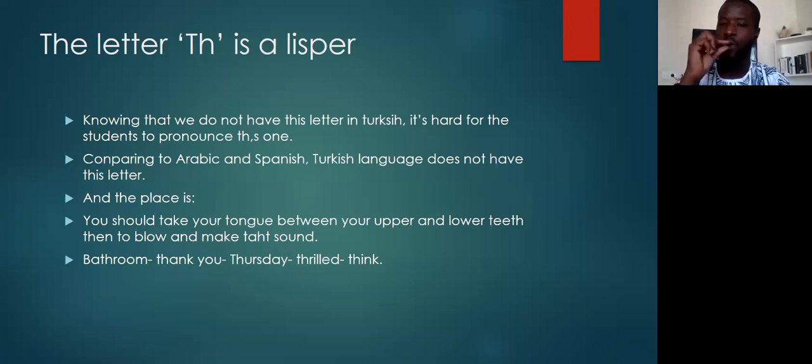You should take your tongue between the upper and the lower teeth. Here is the upper, here is the lower. You are just going to put your tongue between them, and you blow and make that sound. For example, thank you, okay? Thank you, all right?